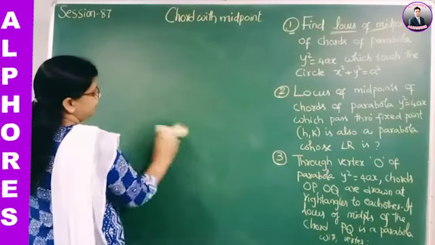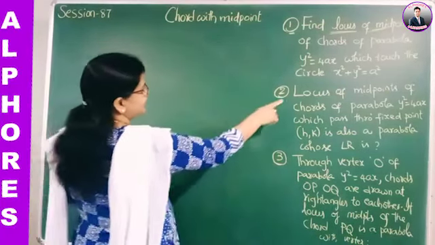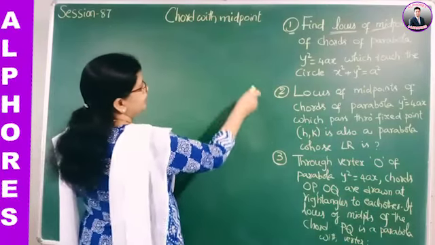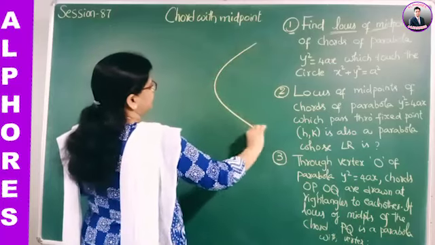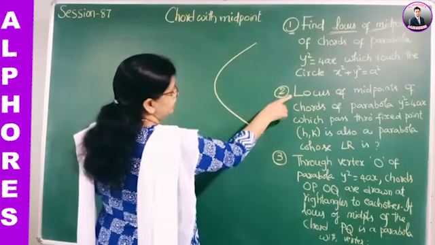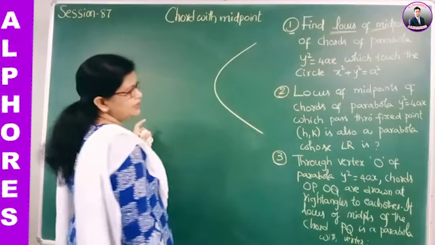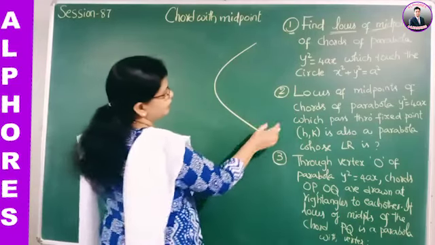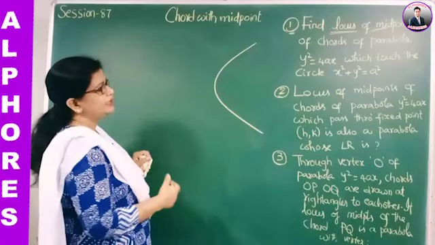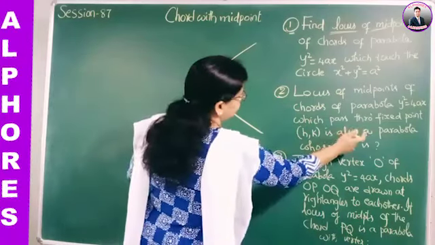The locus of middle points of chords of a parabola which pass through a fixed point. Observe that the equation of the parabola is not given anywhere. Whatever answer you are going to get, let us take the generalization of any kind of parabola.